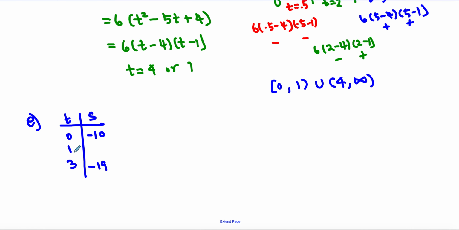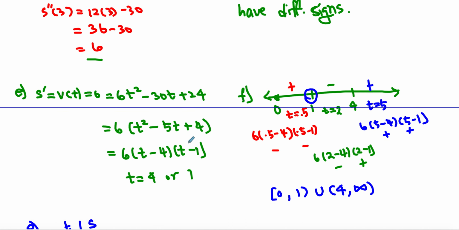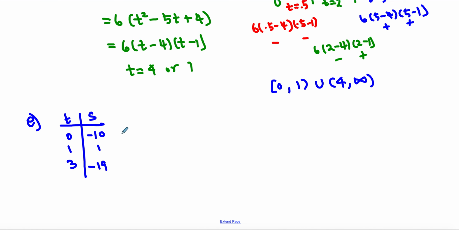Now for 1, I'm just going to plug in 1 here. When you plug in 1, this becomes 2, that becomes minus 15, and this becomes positive 24 and minus 10. Then in total, it becomes 26 minus 25, which becomes 1. Then let's calculate the total distance traveled.